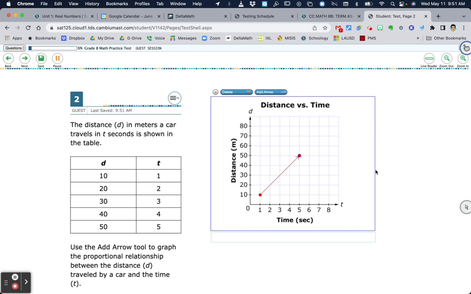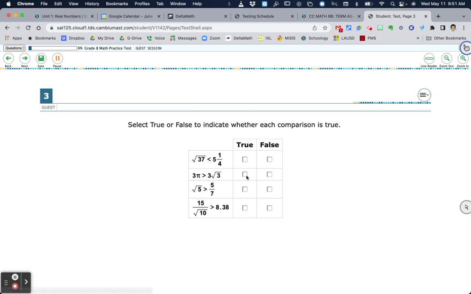There it is. So this would be our graph of that data. Okay. So once you have that, just click next.